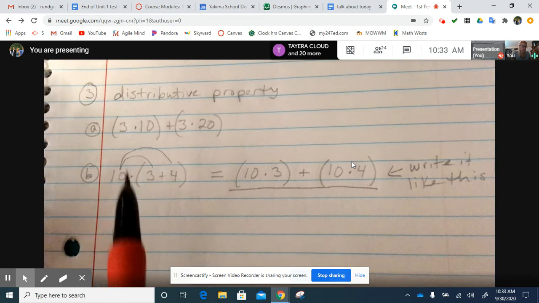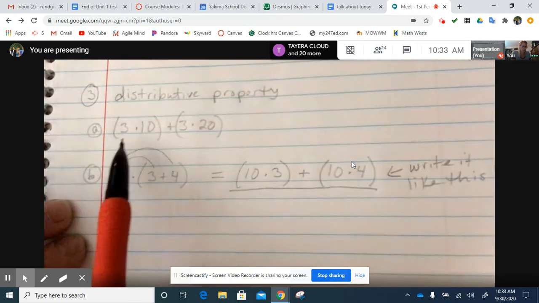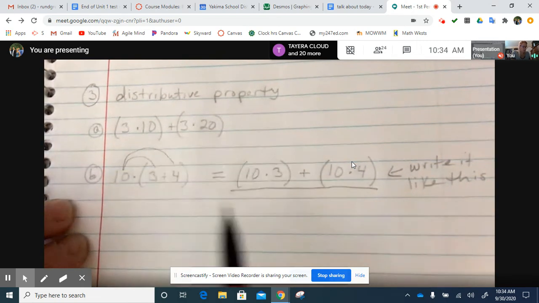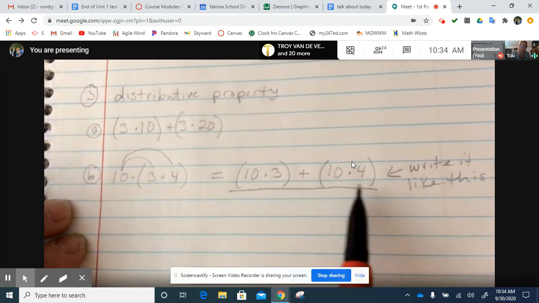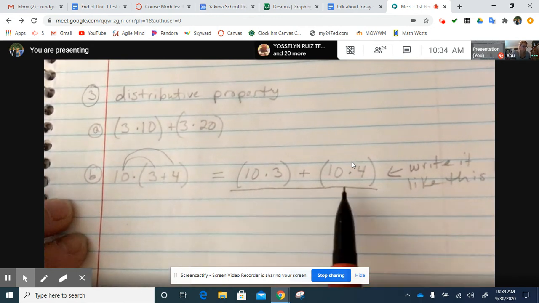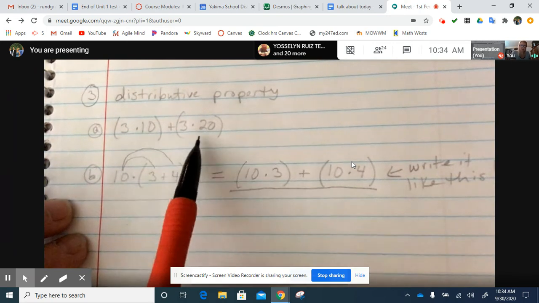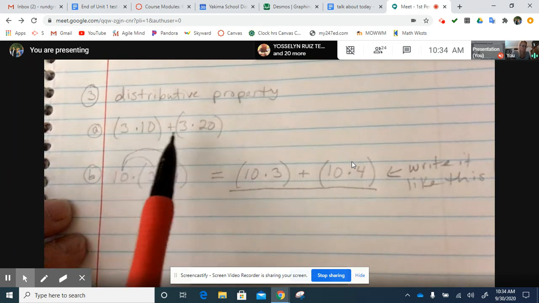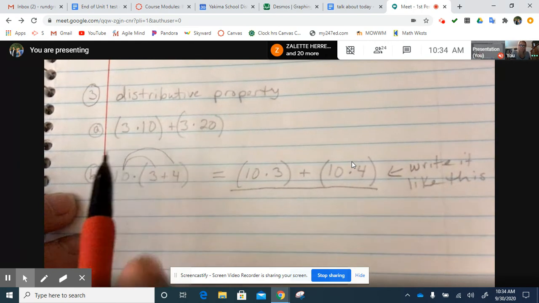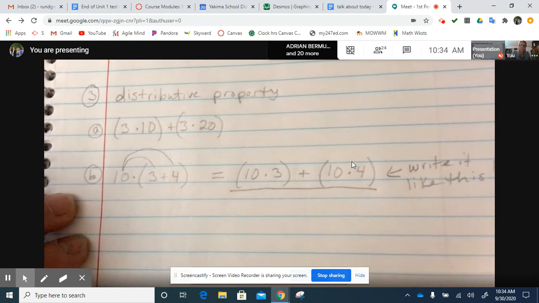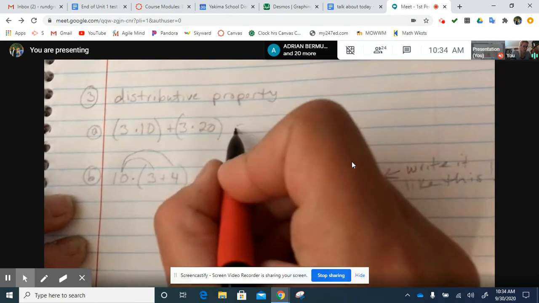Okay, now let's take a look at A. So A looks really similar to what I just wrote right here for B, for the answer for B. Take a close look at A. Do you see a number that we could pull out of both of those parentheses? Let's pull that 3 out.